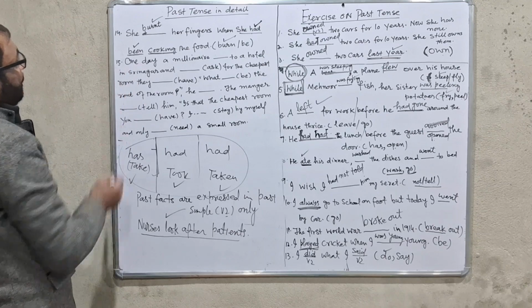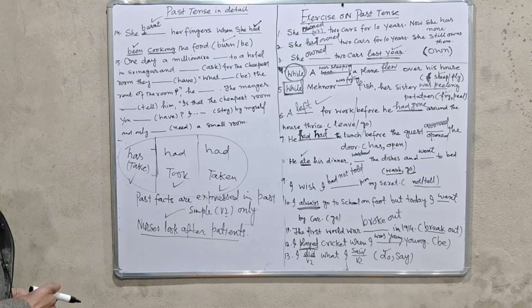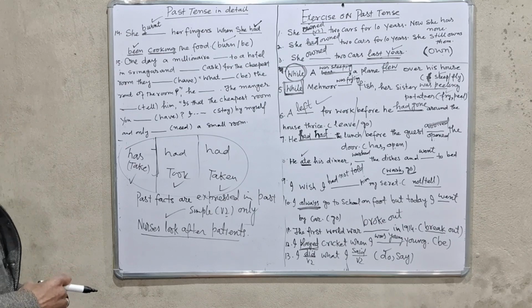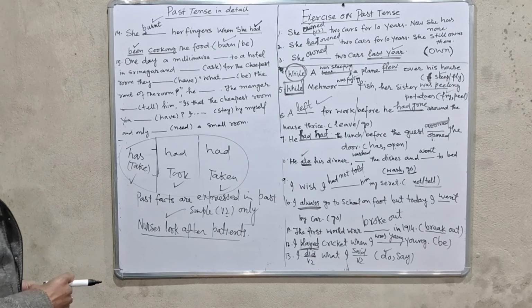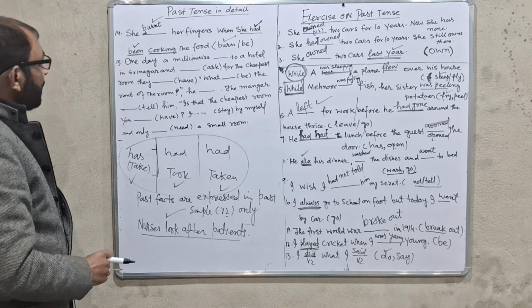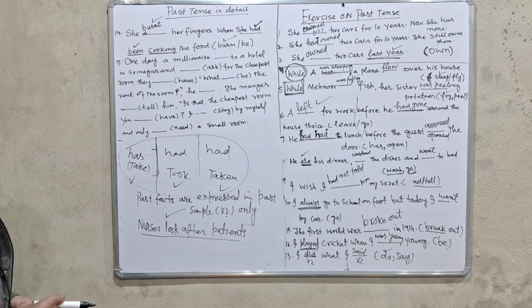Item number 15. One day, a millionaire dash to a hotel in Srinagar and asked for the cheapest room they have. What be the rent of the room? He dash.